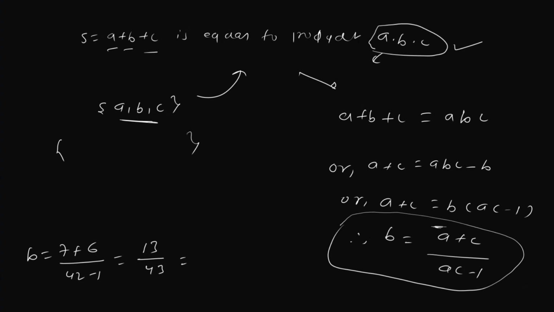We are going to get a decimal point number, so this is not valid. So we're trying to find the values of a, b, and c which satisfy this equation.